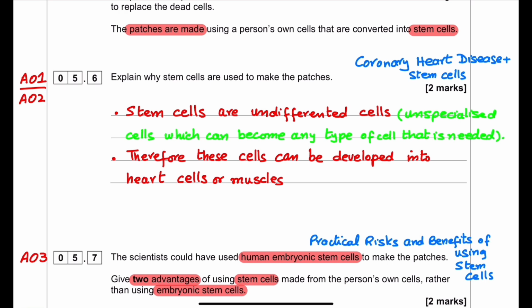The second thing is there is no point to destroy human life, meaning the human embryo. On the other hand, an adult person can give consent whereas an embryo cannot do that. Let's see the model answer.